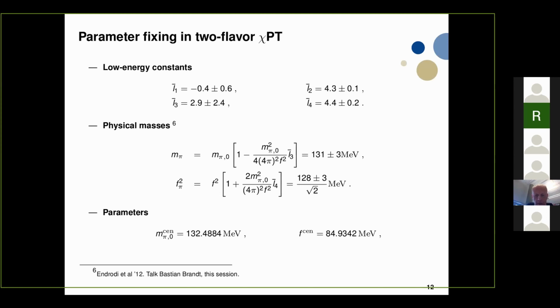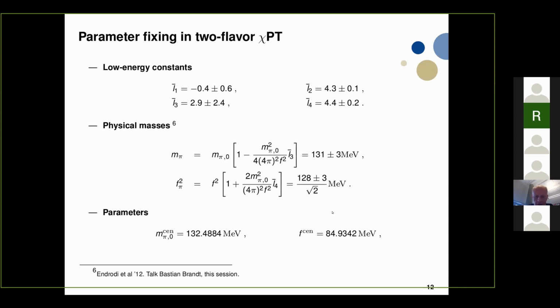And since we want to compare with lattice results, we use the lattice results of Endrődi and collaborators. And Bastian will present those lattice calculations in detail in his talk. Then you get some values of the parameters, and I just want to point out that these are, of course, not exactly equal to the physical pion mass and the physical F_pi.